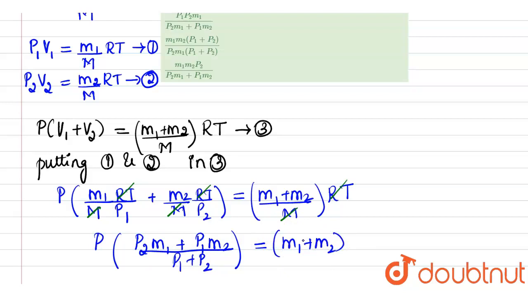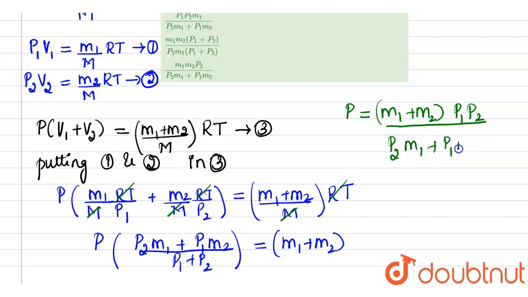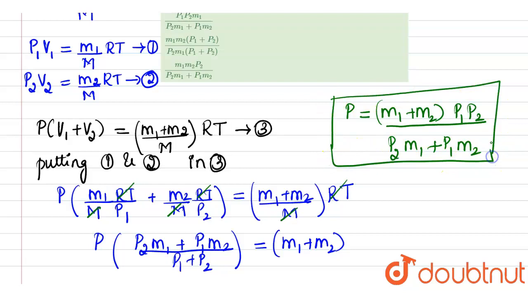Just rearranging the terms to find the common pressure, my common pressure will be equal to (M1 plus M2) into P1 P2 divided by (P2 M1 plus P1 M2). So this will be the final answer which we obtain for the common pressure.